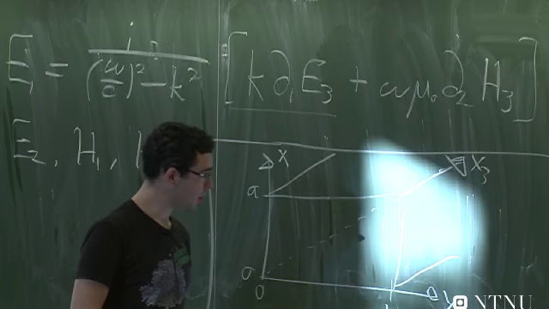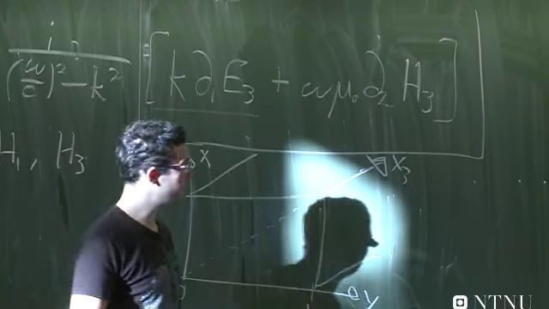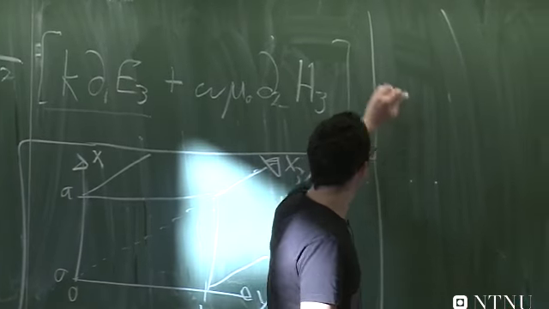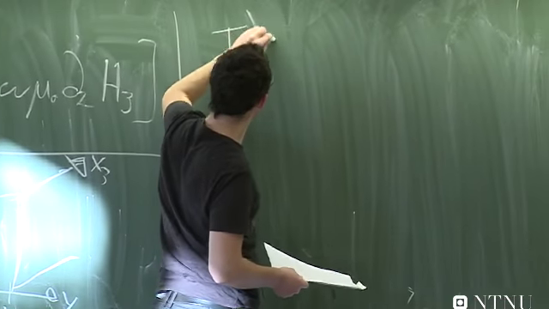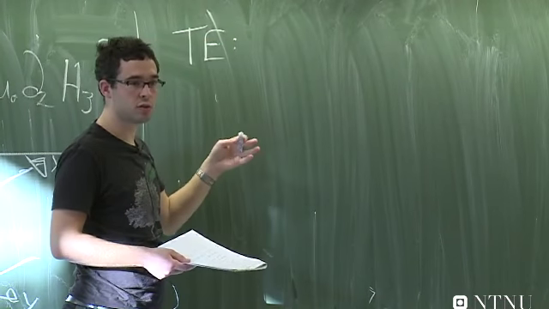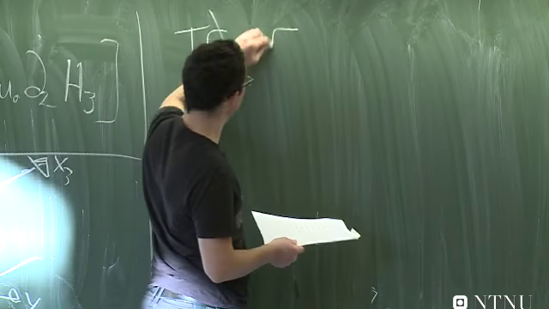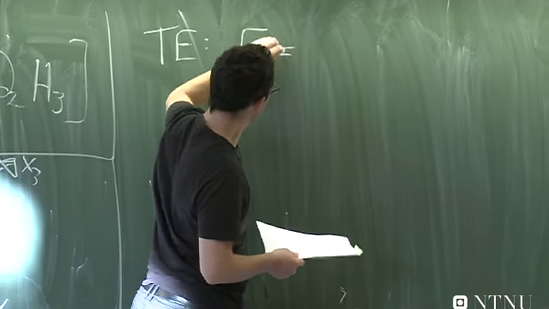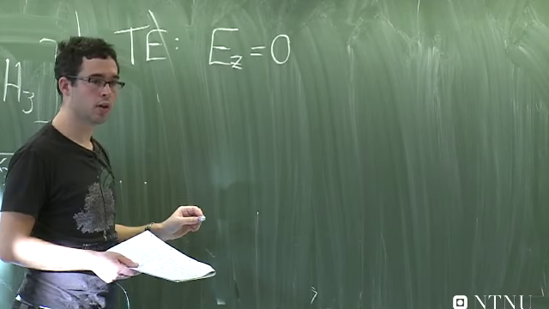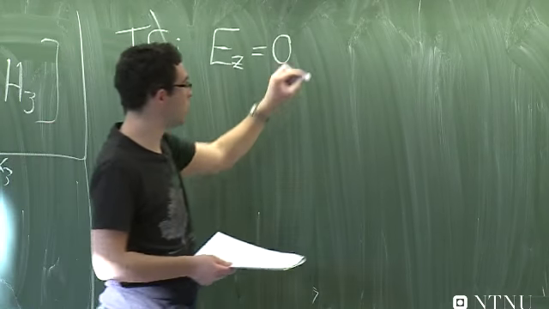Okay, and now if we look at transverse electric, then we know immediately that transverse electric means Ez is equal to 0. So we need only to solve for H3.